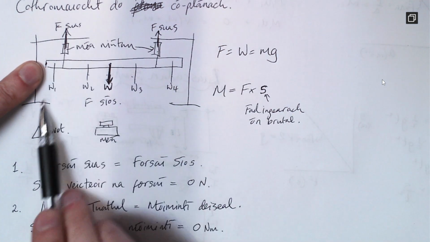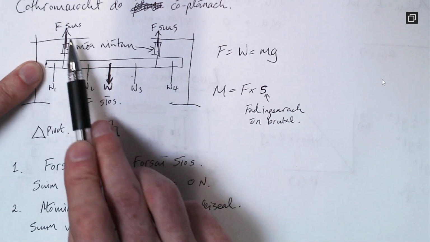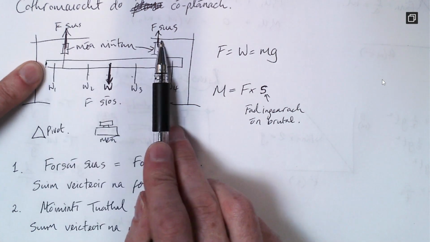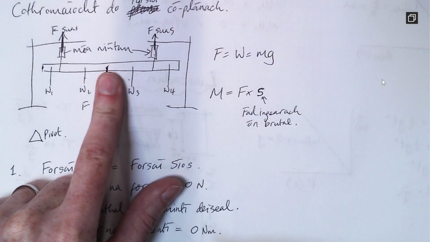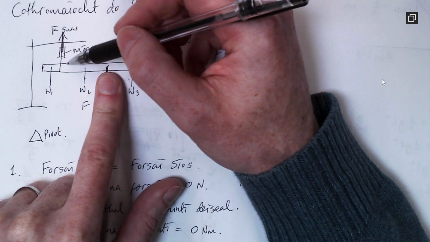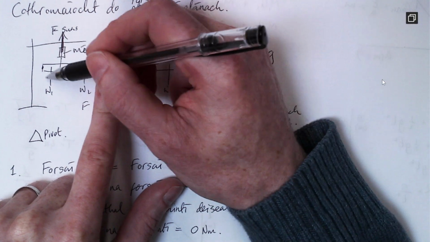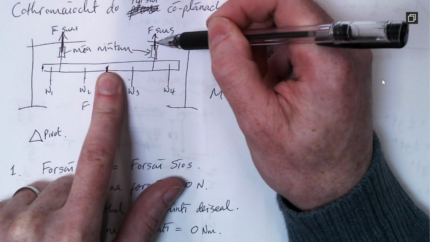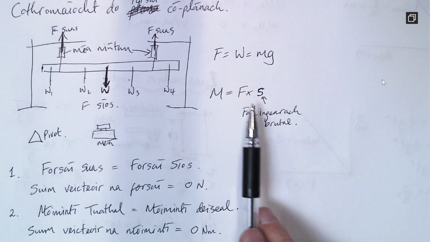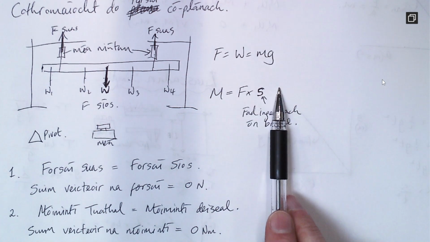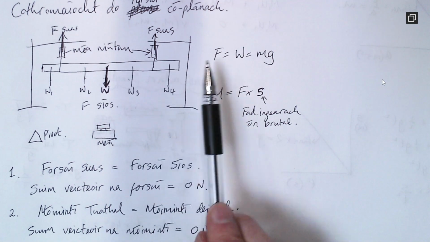Then clockwise, clockwise, clockwise, then anti-clockwise. So you work out your moment: the moment equals force times S, where S is the distance from the pivot.